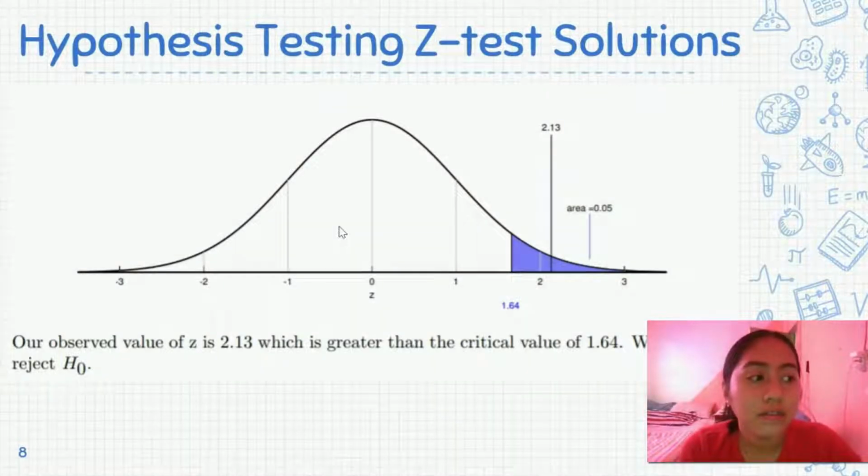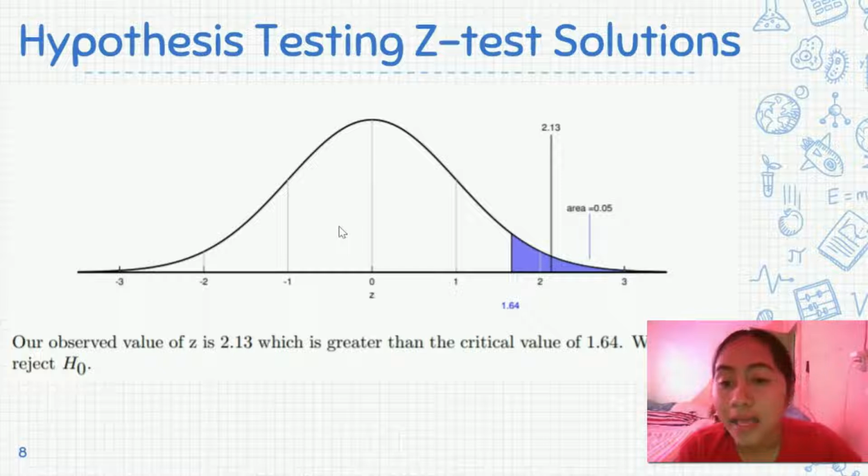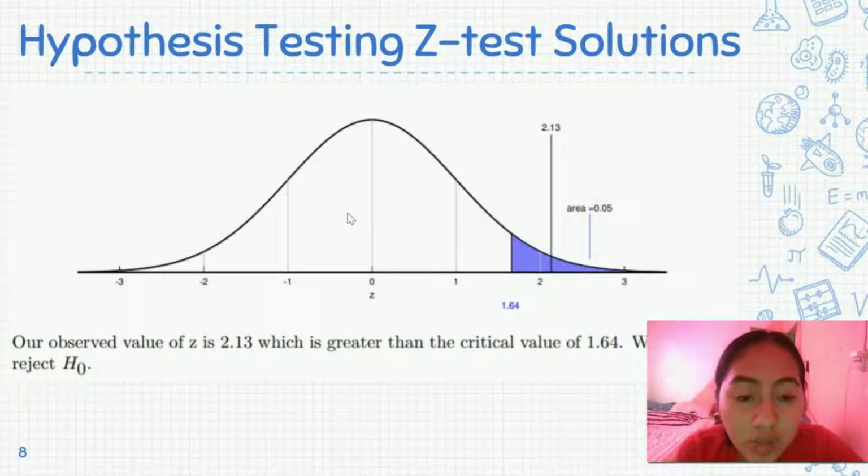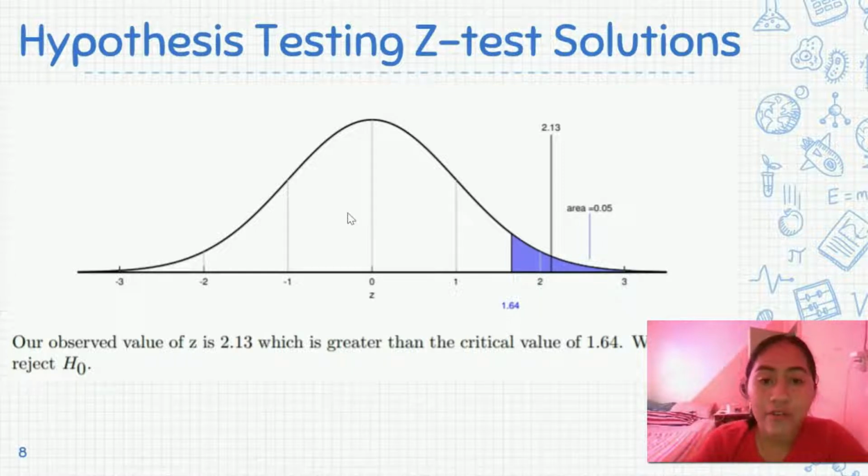This is our graph. We can see that our alpha is in the shaded region on the right side, the 0.05, and then we can see in the line our 1.64, and also on the right side, we can see the 2.13.